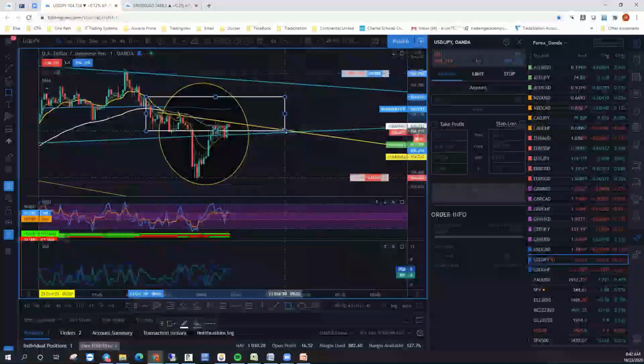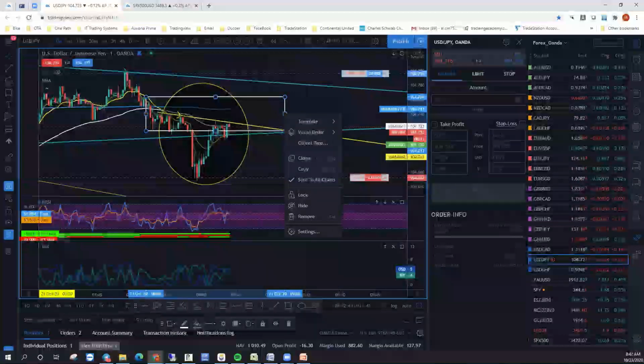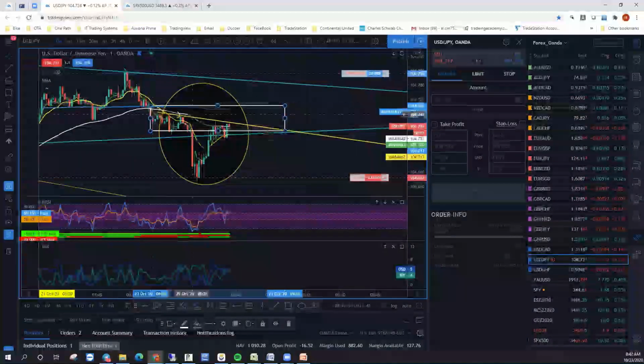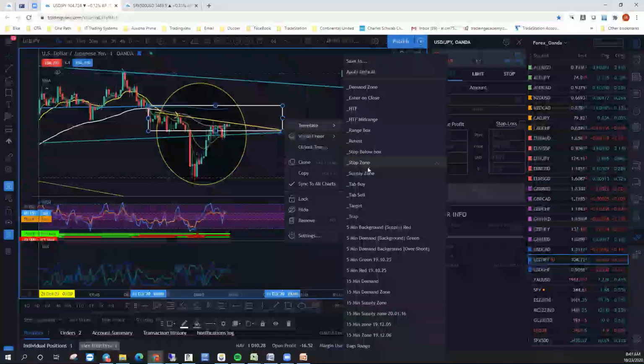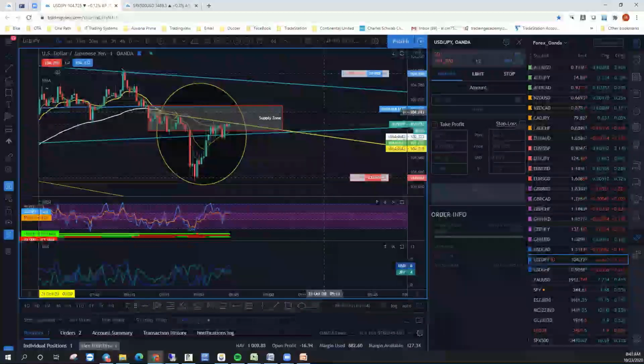It's consolidating, going sideways. So I'm going to use this area as a... let's just call it a supply zone for lack of a better term, since it's the area that it broke out of.